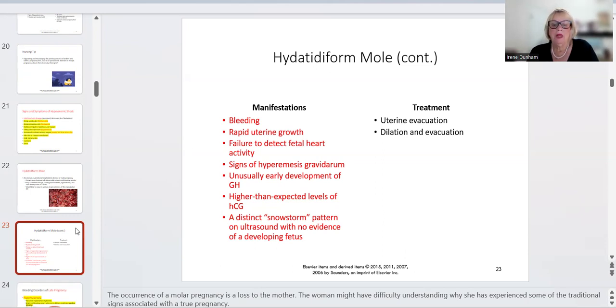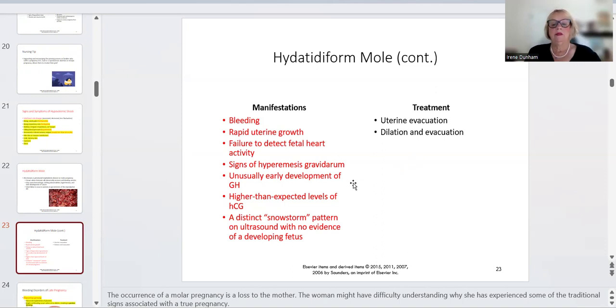Her HCG levels normally get very high with this type of pregnancy. And so they have to come down, have to get back down to 0. So that's why you need that time to get those HCG levels back.